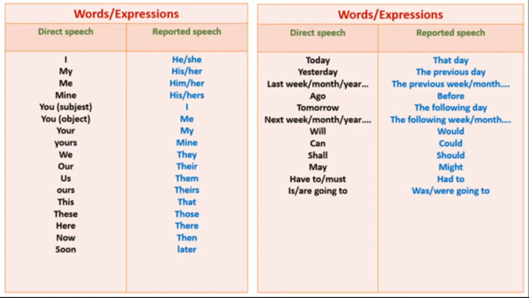Okay. You as an object. For example, I miss you. My sister told me that she missed me. If it's singular, me. If it's plural, it's us.